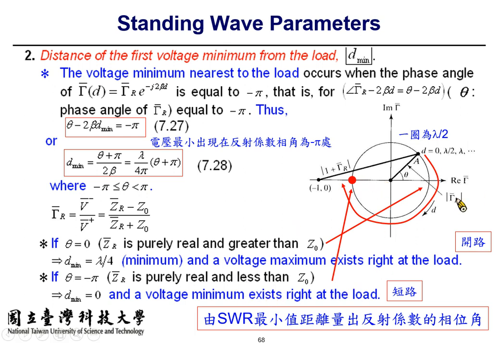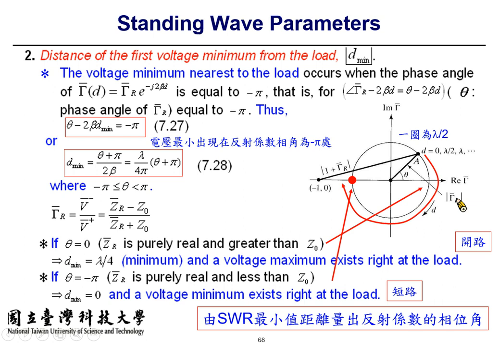However, if you start from here, then the distance will be a smaller value. So according to the value of D minimum, you can determine the phase, the angle, of your reflection coefficient.